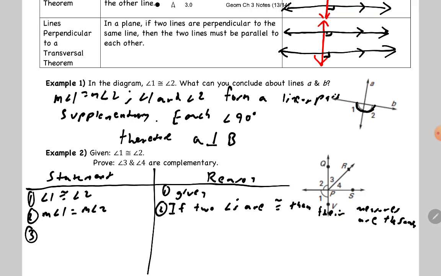So 3. We now said angle 1 is supplementary to angle 2.